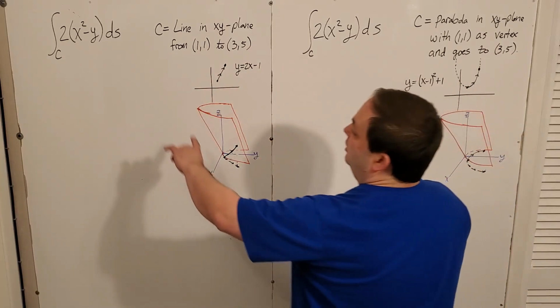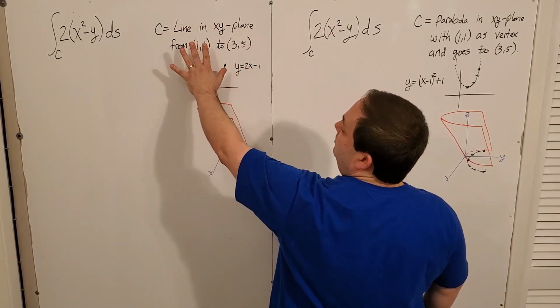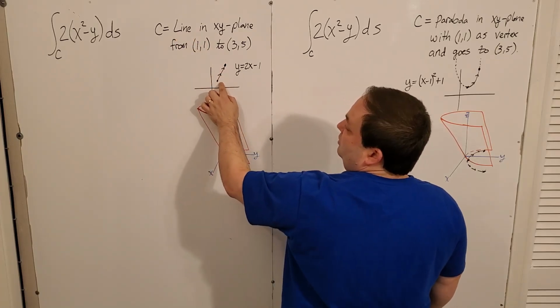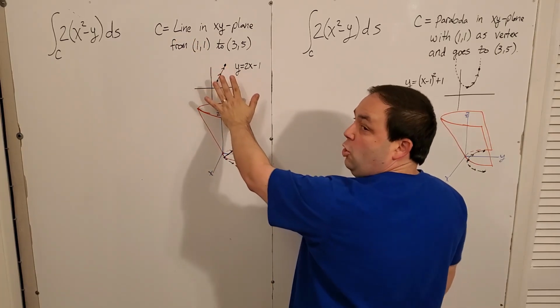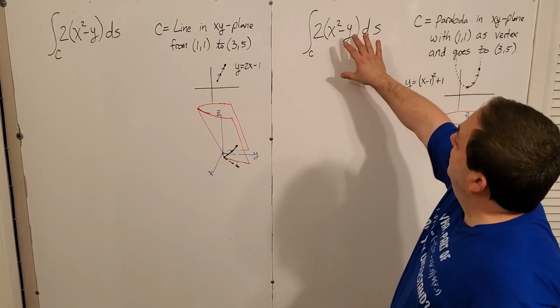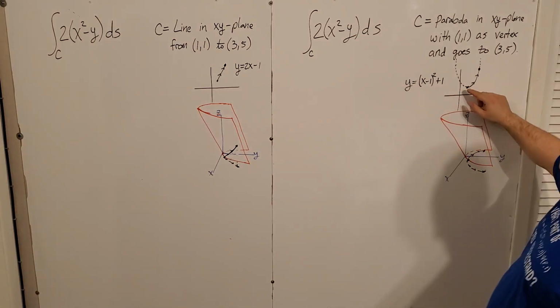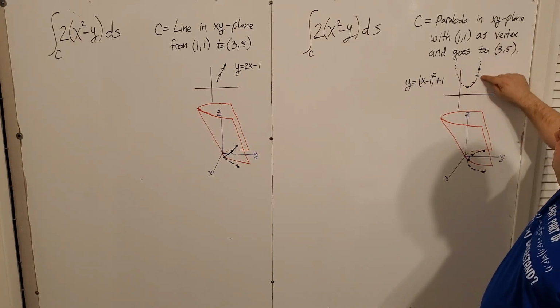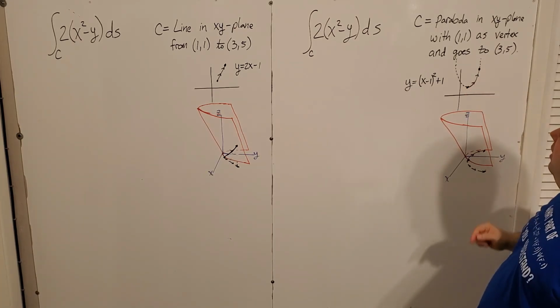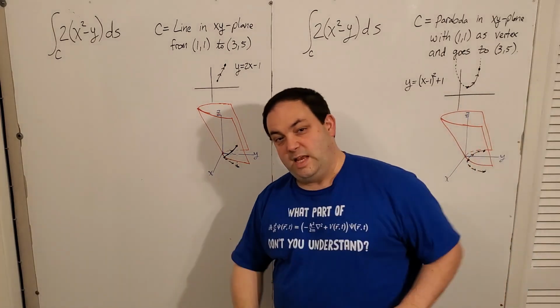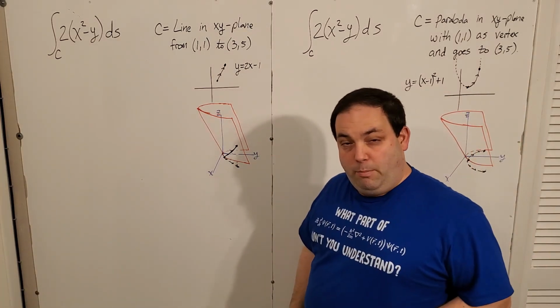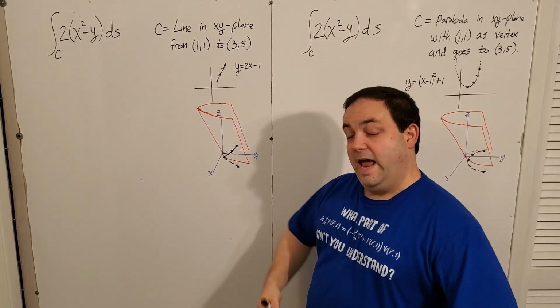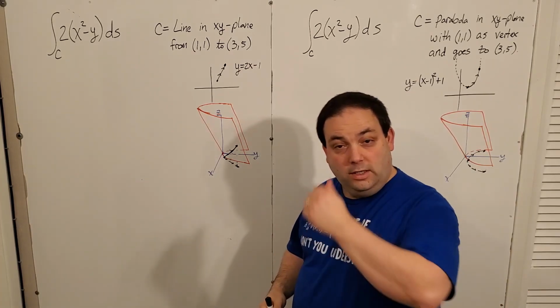And I'm going to use, in this first one, a line to go between the 2 points in the domain. And then I'm going to do it again, but this time I'm going to use a parabola where 1, 1 is the vertex, and it goes to 3, 5. So the point here is it's the same 2 points, but it's a different path. So it's actually a different set of points we're integrating over.